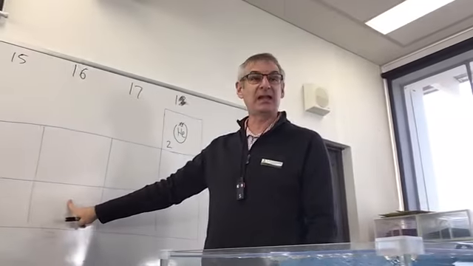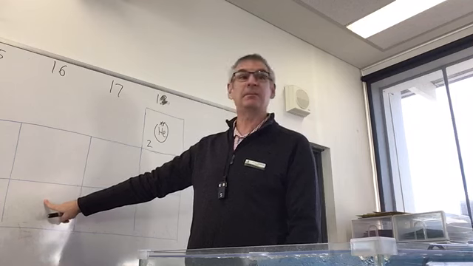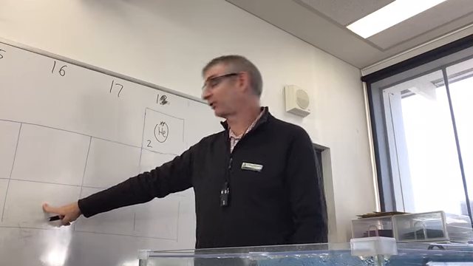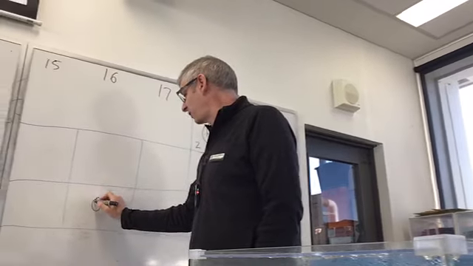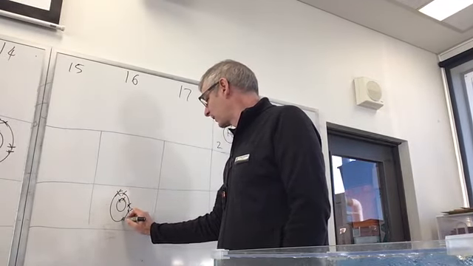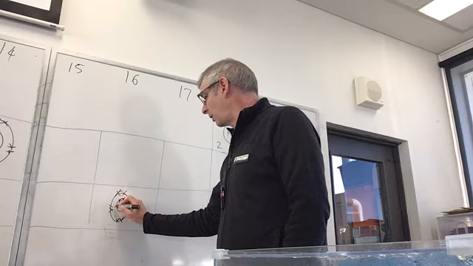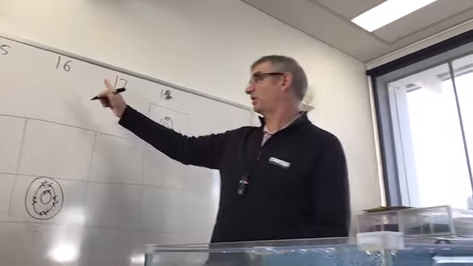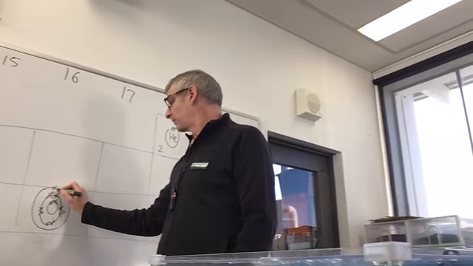Let's choose this one here. What period is it in? 3. So how many electron shells does it have? 3. So we know the first shell is going to have 2. The second shell will have 8. So how many will we put in the third shell?